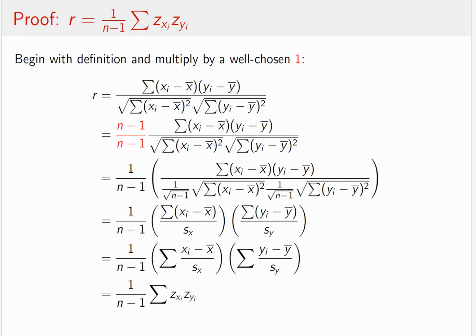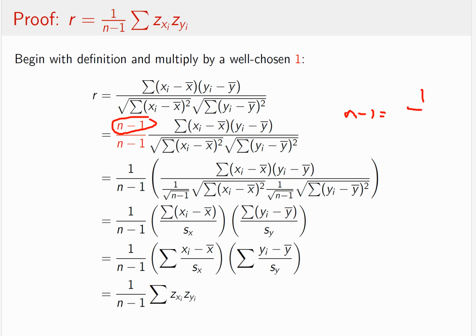Let's verify this, okay? And here's all the work. The first thing we need to do is add a well-chosen 1, and you see it right here. The n minus 1 over n minus 1 equals 1, so multiplying by 1 doesn't change the value. And what are we doing? We're taking an n minus 1, which is also equal to 1 over 1 over n minus 1.